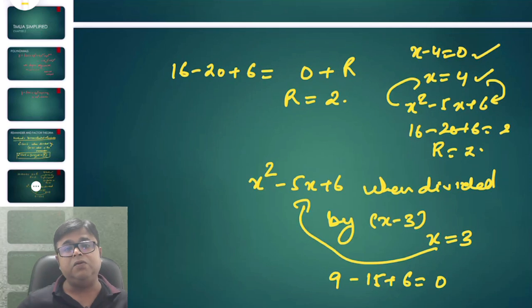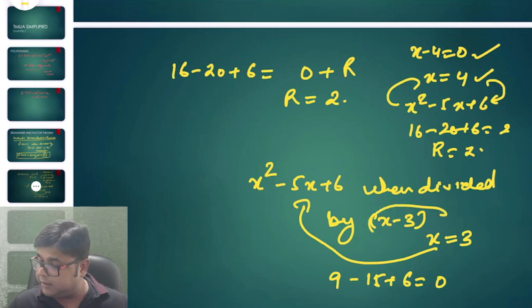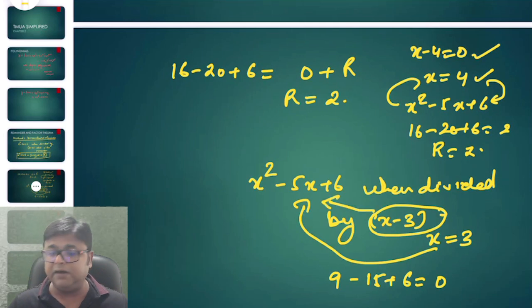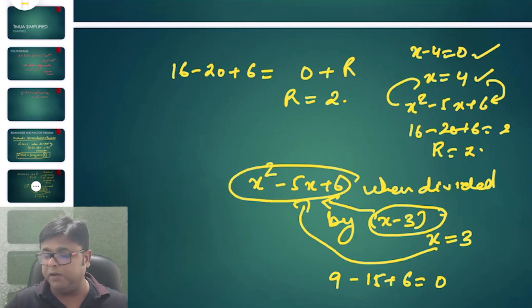So the remainder is 0. And when the remainder is 0, the divisor is a factor of the dividend. That's why it's also the factor theorem. So in case on dividing an algebraic expression or a polynomial by another polynomial, which is the divisor, the remainder becomes 0, then the divisor is a factor of the dividend.